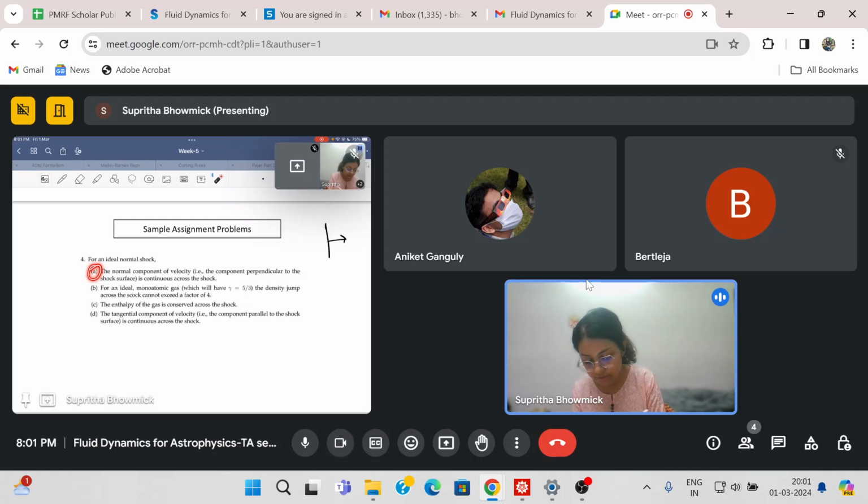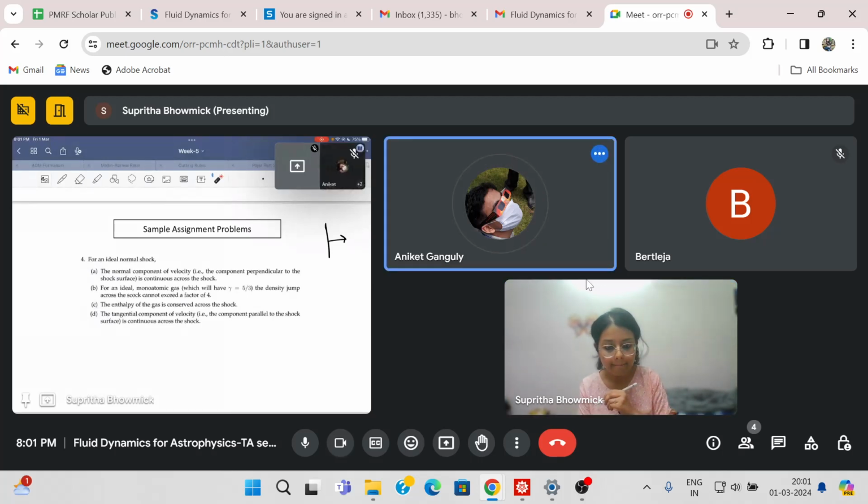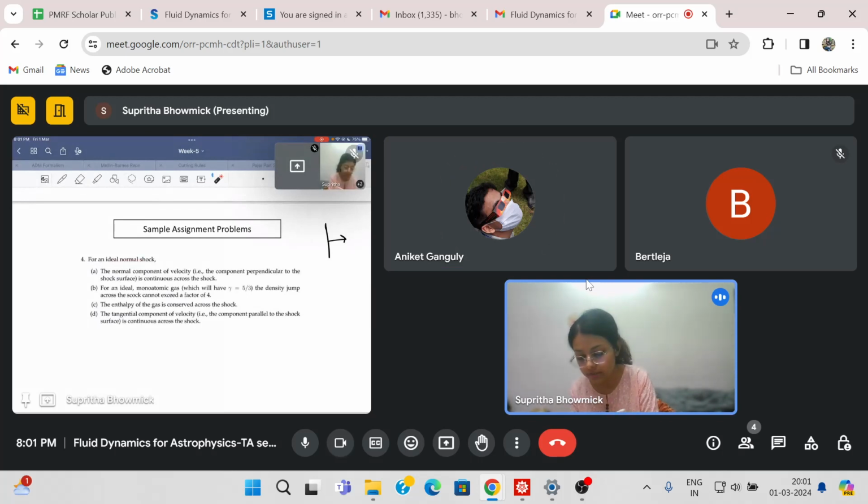So let's read that first. The tangential component of velocity is continuous across the shock. Yes, that is true. That is the definition of normal shock. So what we have done is we've defined normal shock as, let's say this is the shock front, the surface of the shock. U tangential, rho tangential, P tangential, these are all continuous.